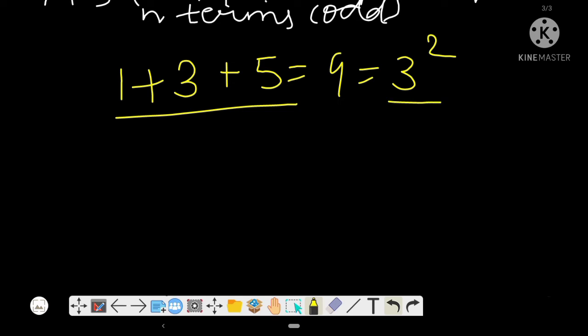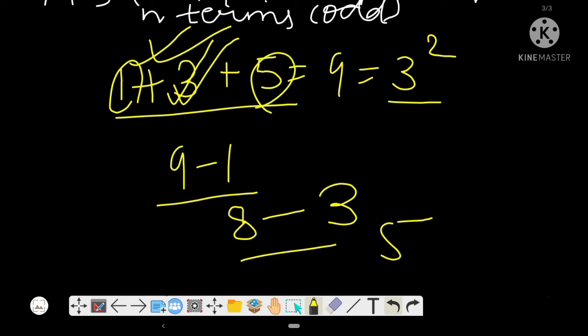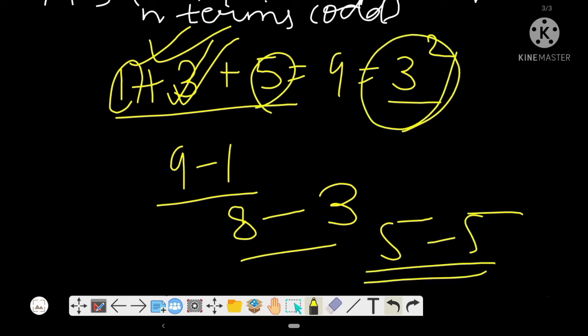And if you subtract in the backward direction, like 9 minus 1, what do we get? 8. Now the second, 8 minus 3, we get 5, and now you subtract 5 minus 5, you get 0. 3 square.